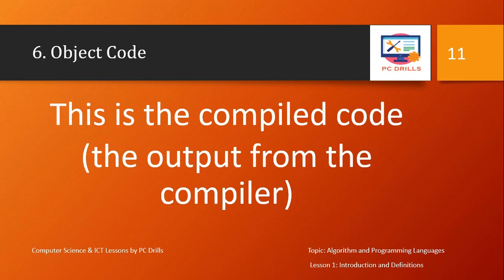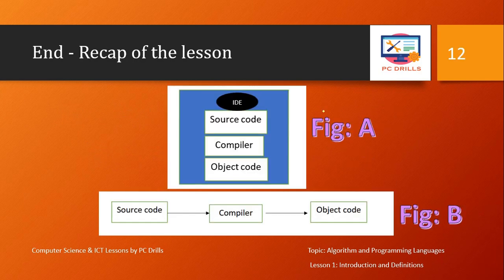Next, we have the object code, which is what is produced after the program has been compiled. The object code is closer to what the machine can understand. So the machine takes the object code and knows how to use it to produce the output that you want for the user.